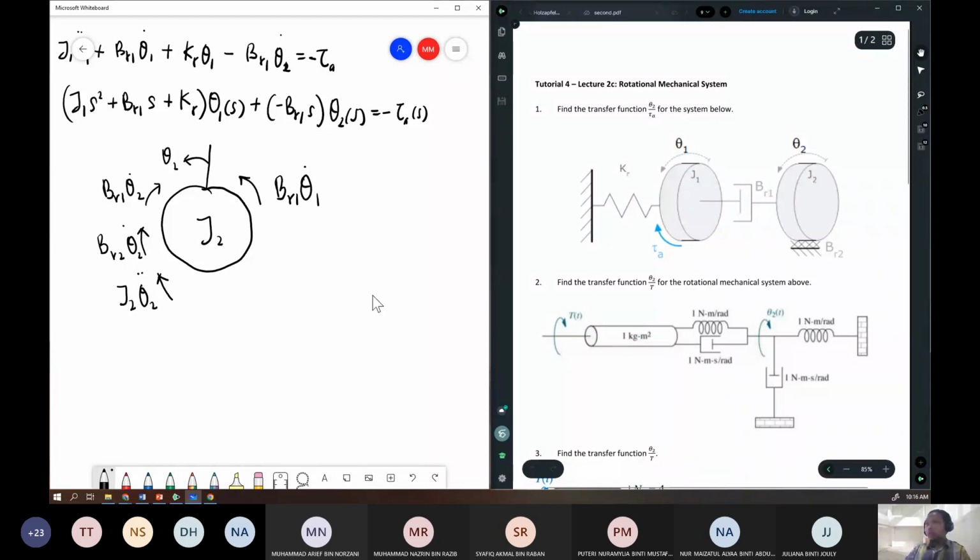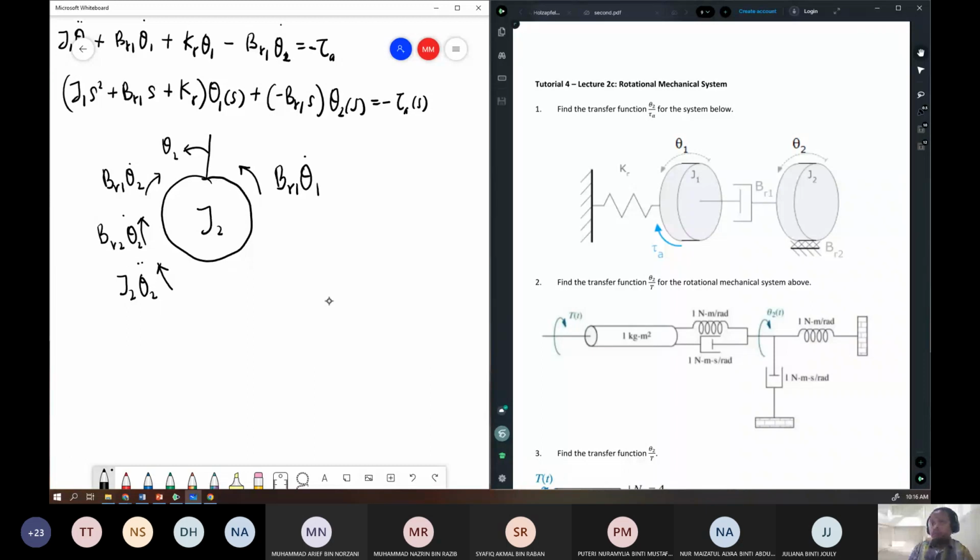Then we can write the equation of motion, and then write it in terms of frequency.